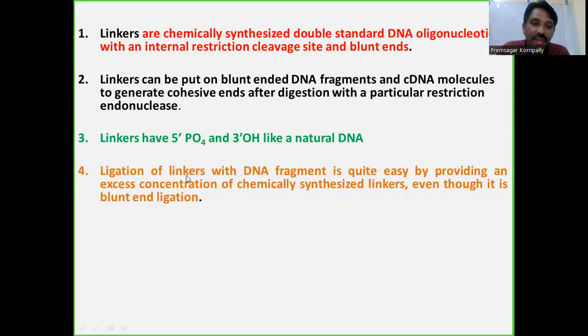Ligation of linkers with a DNA fragment is quite easy by providing an excess concentration of chemically synthesized linkers, even though it is a blunt-end ligation. The linkers are added to the blunt-end DNA molecule, right? So here, the ligation process between the linker and the blunt-end molecule is easy because you can provide a higher concentration of linker.